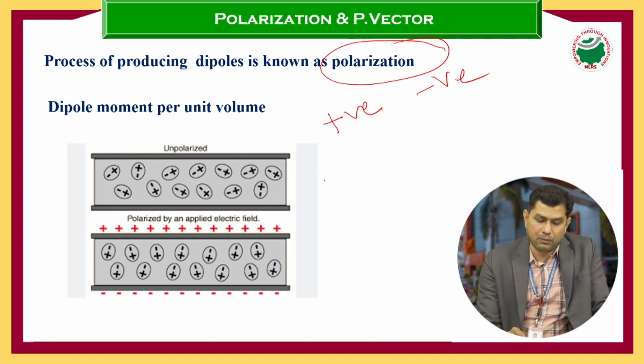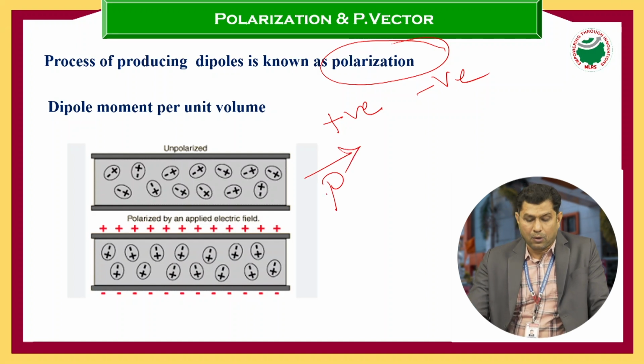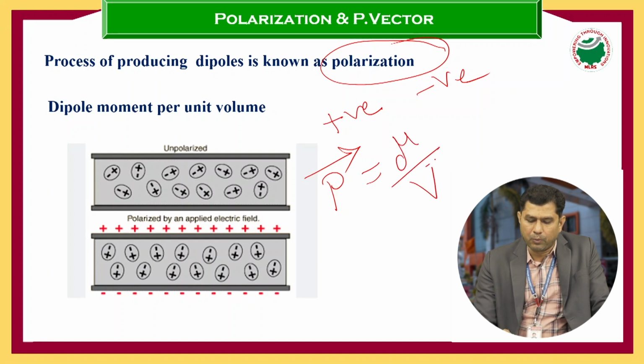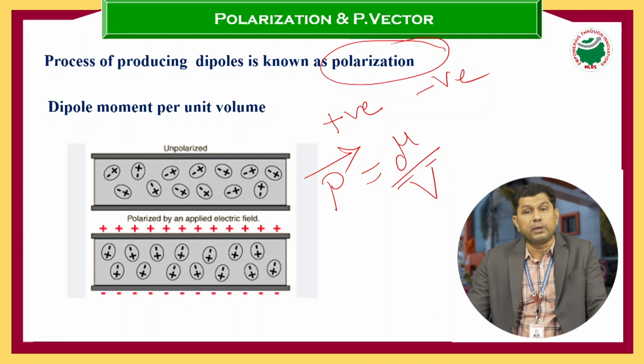After polarization, we will discuss the polarization vector. What is the polarization vector? The polarization vector is the dipole moment per unit volume. If you consider a unit volume, how much dipole moment is there? That is the polarization vector.